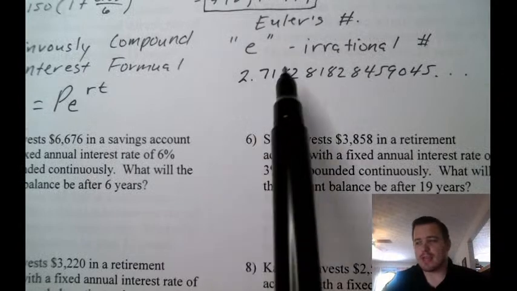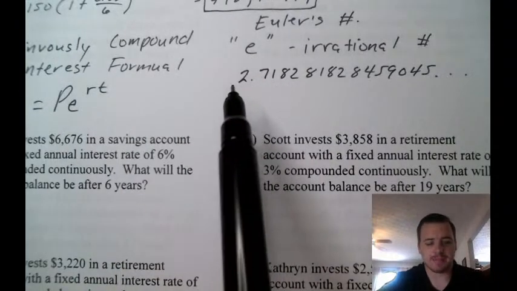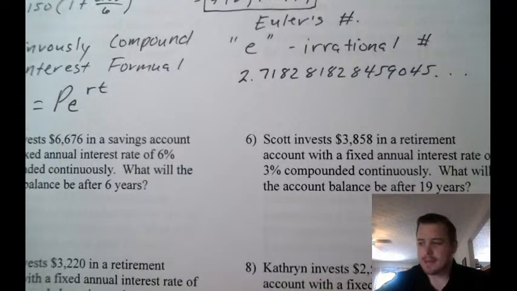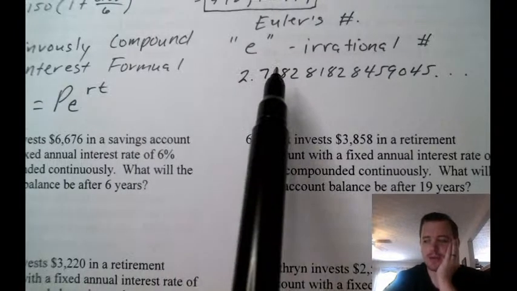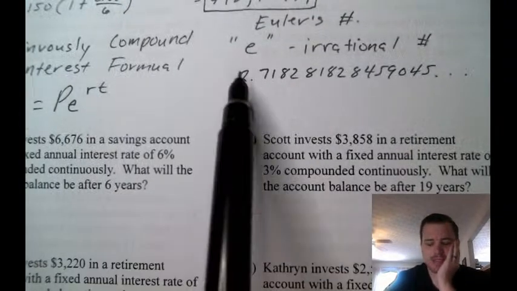And here's what E basically means. Again, I could show you the math behind it, but it can get pretty crazy. Basically this E is the maximum amount you could make when something is compounded continuously.